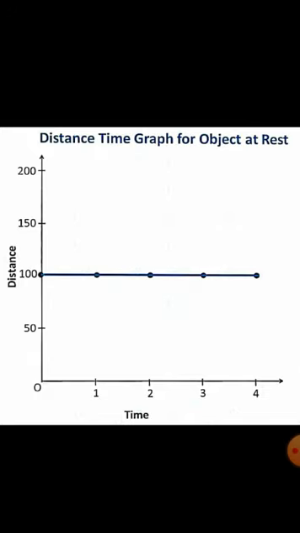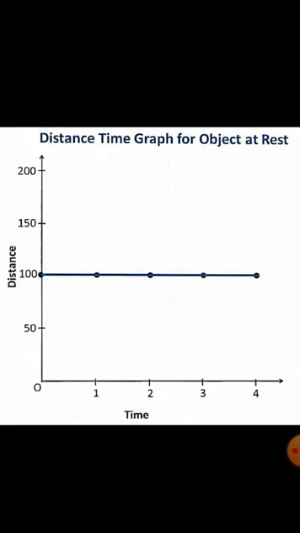First, let us see the coordinates of the points plotted on the distance time graph. Starting from the first point, we have the coordinates as (0, 100), (1, 100), (2, 100), (3, 100).